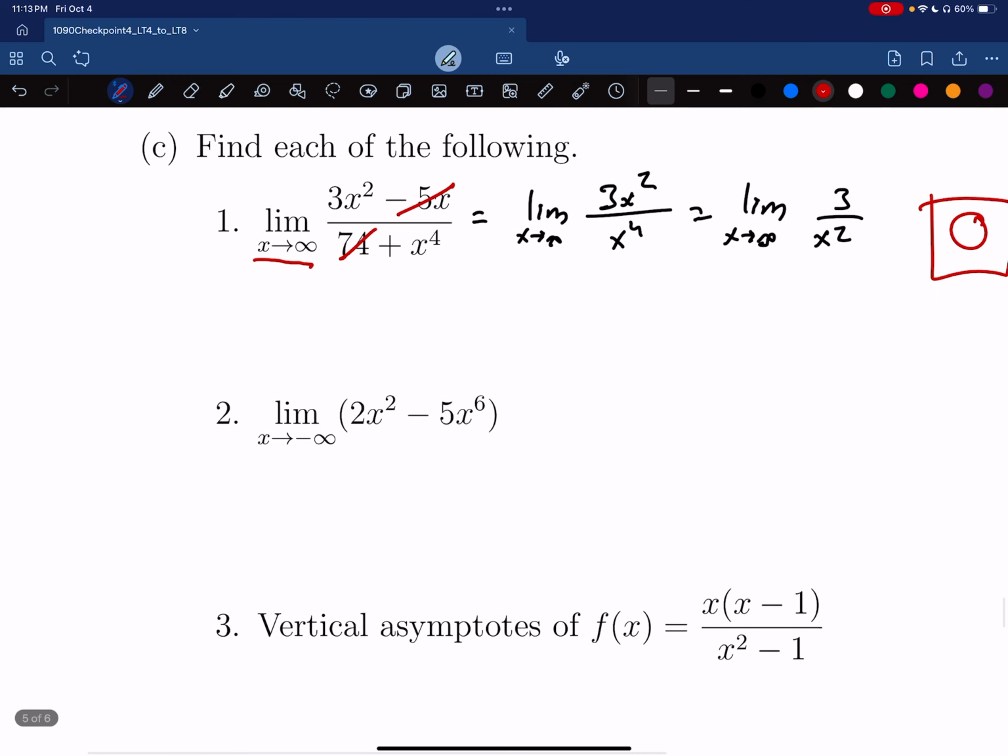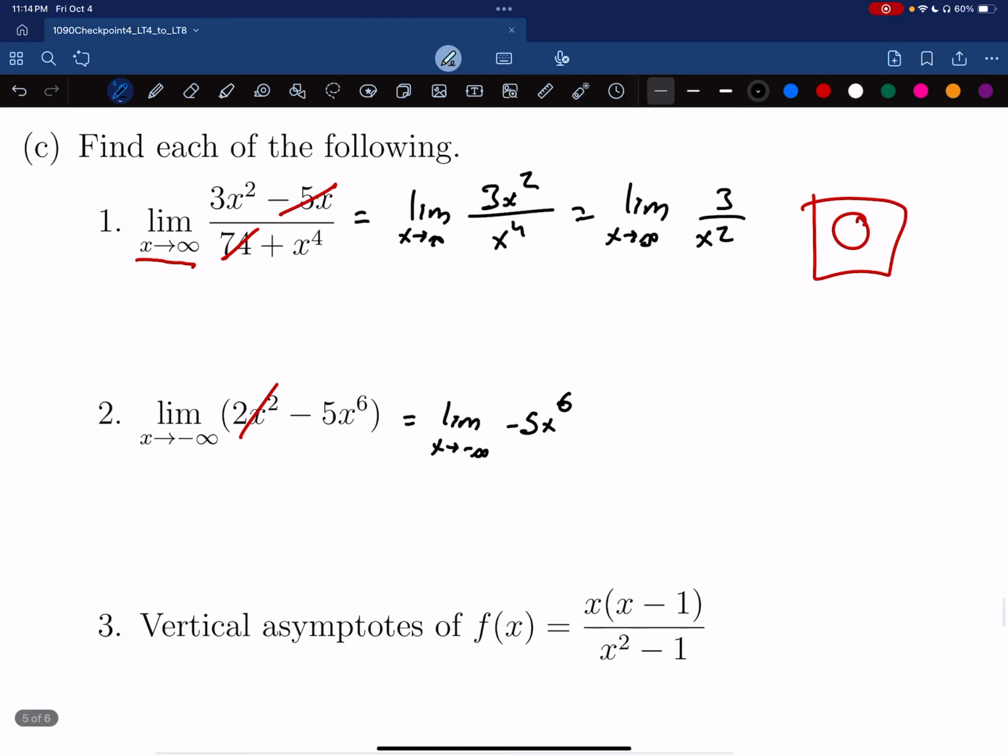Similar question here, x approaches negative infinity. So we're just going to think about our highest degree term, which is negative 5x to the 6th power. So we'll once again rewrite this as the limit as x approaches negative infinity of negative 5x to the 6th power.